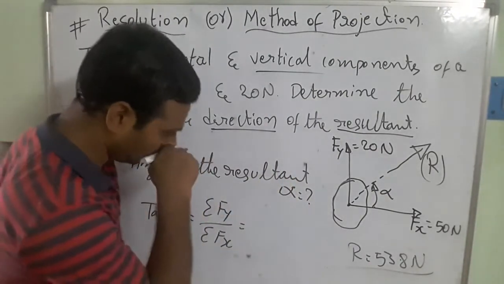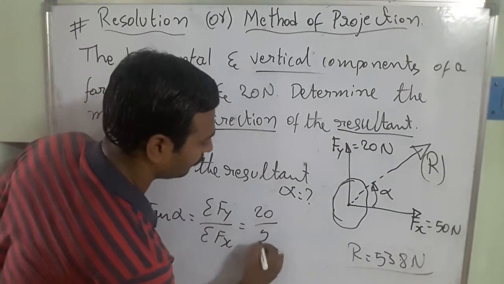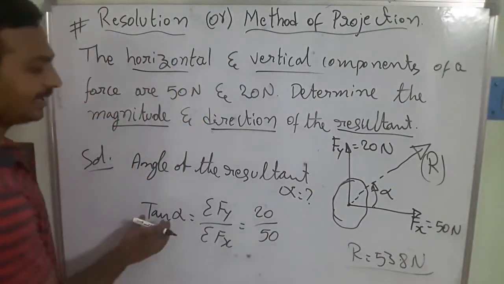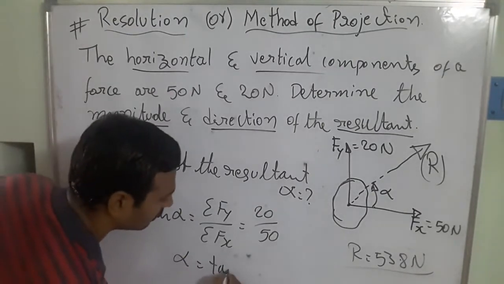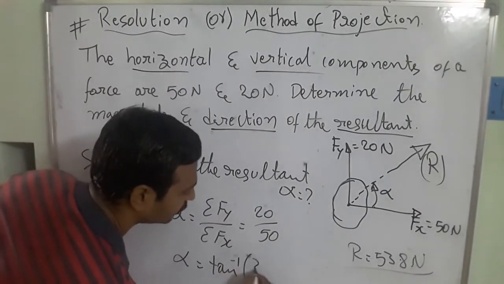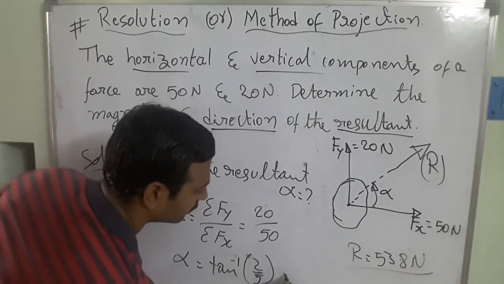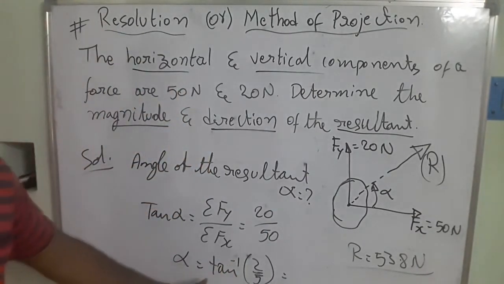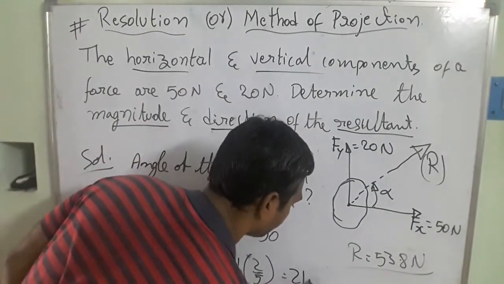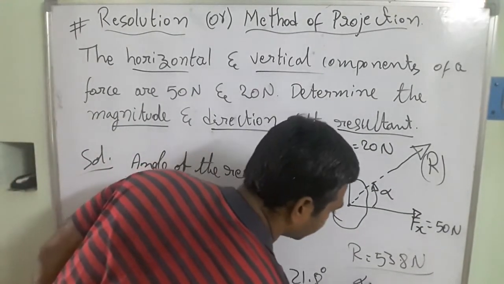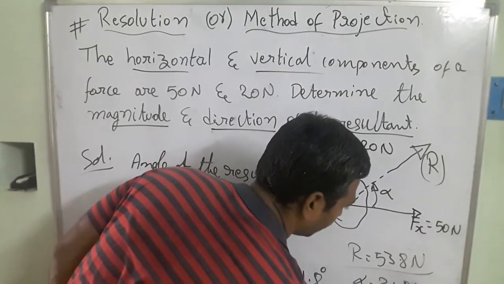So that is equal to 20 by 50. Taking tan to the right side, alpha is equal to tan inverse 2 by 5, that is equal to 21.8 degrees. So alpha is equal to 21.8 degrees.